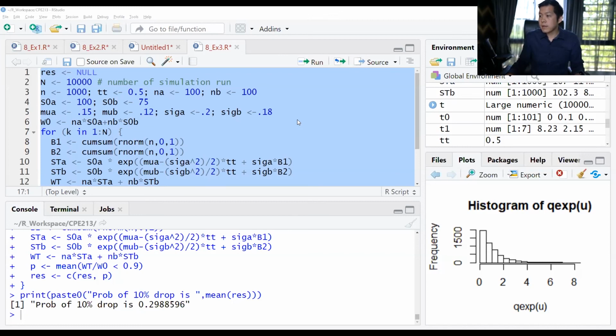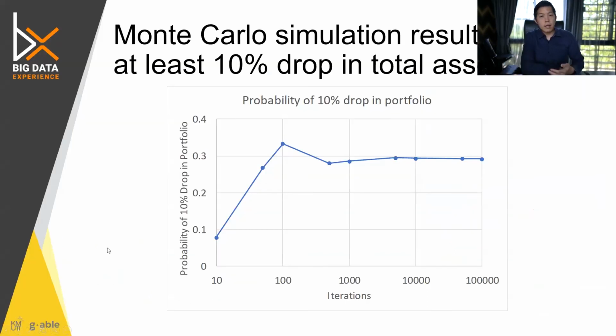Okay, let me go back to this. After trying out lots of times from 10 to 100,000, you can see the change in the probability of the 10% drop and then it converges to a specific value. Right?